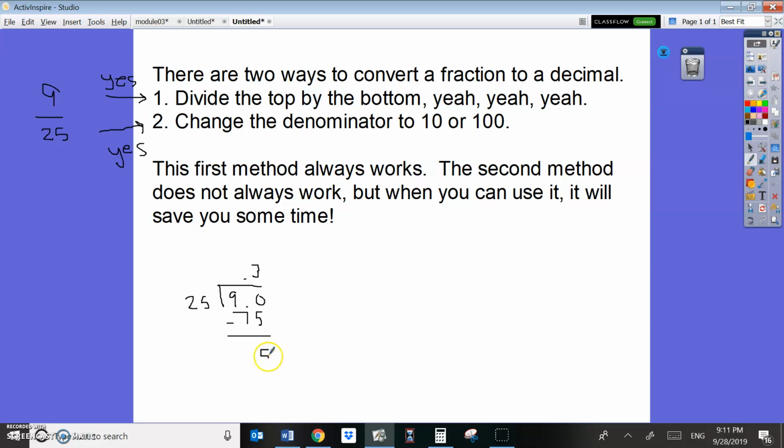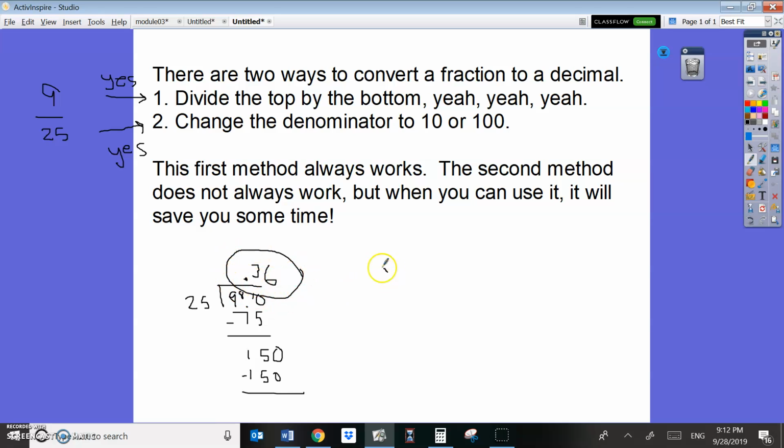Subtract that. Bring that down. How many 25s in 150? I know there's 4 25s in 100, so 6 25s. 0.36, 150. Does it repeat? Nope, it terminates.